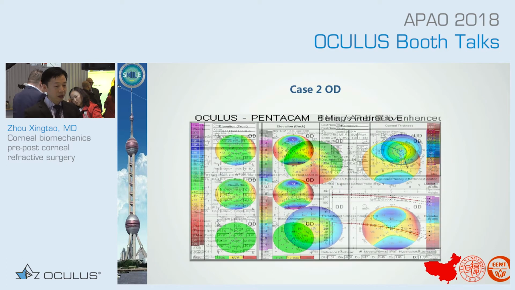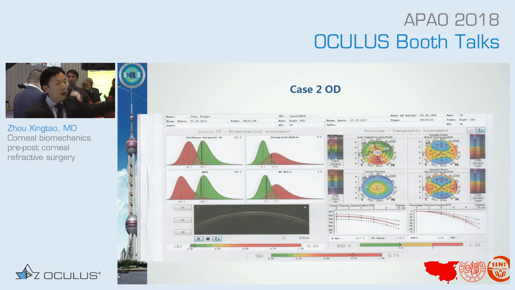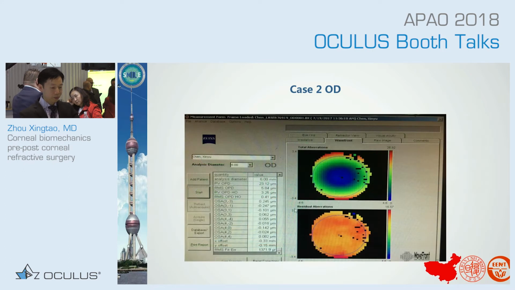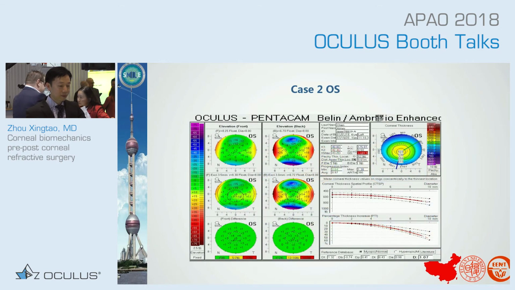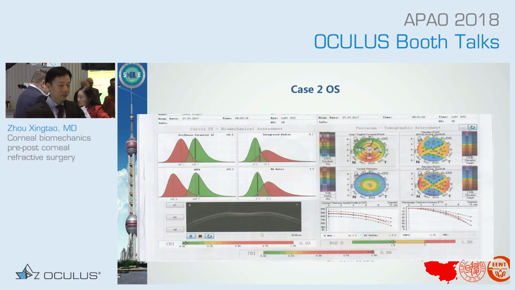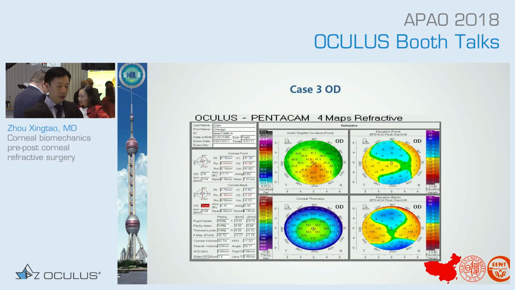The third left eye, 0.74, is suspect. Here also the coma increased a little bit. TBI was 0.9, and again the coma increased a little bit.